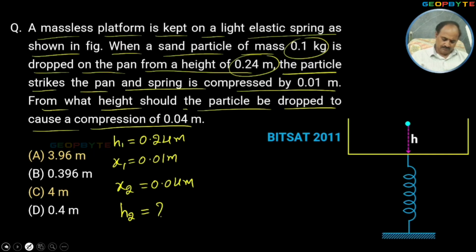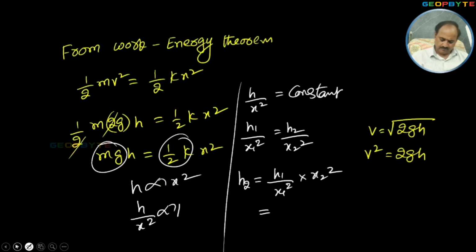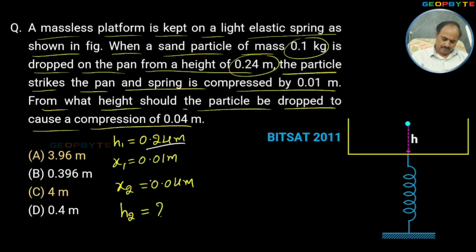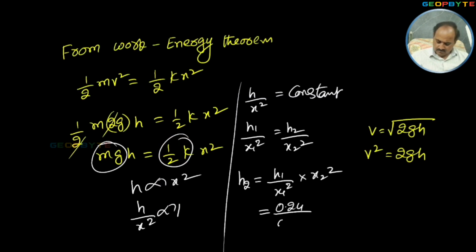Look at the h1 value: h1 is 0.24, by x1 value 0.01, into x2, which is 0.04, whole square. Now you simplify that part. 0.24 I can write as 24 by 100.